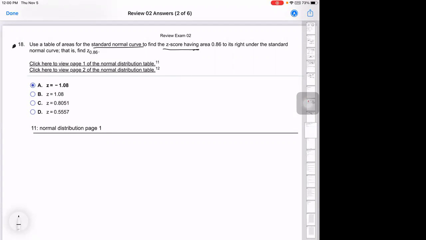Okay, find the C score having area 0.86. There is another notation in this question. The C score having area 0.86 is equal to this notation: C subscript 0.86.